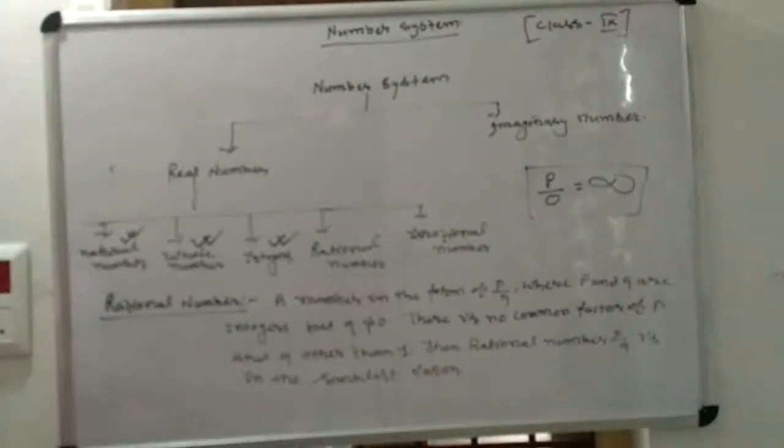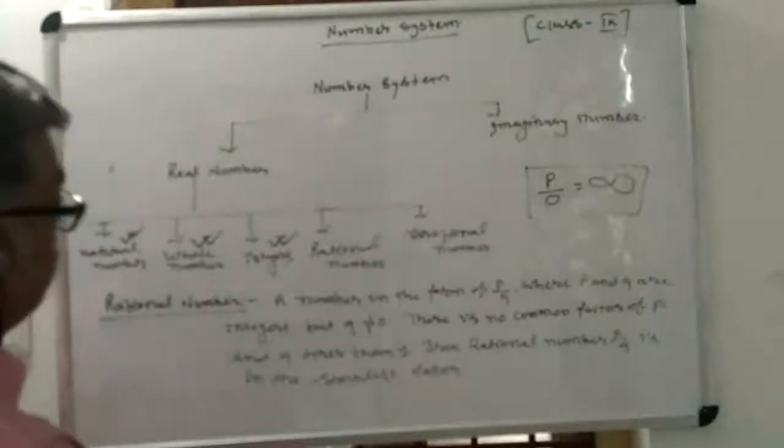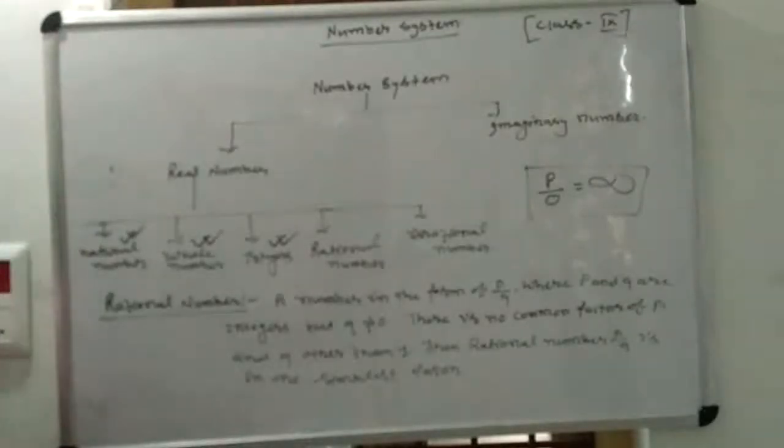Now coming to irrational numbers. Irrational numbers are those numbers which are not rational.